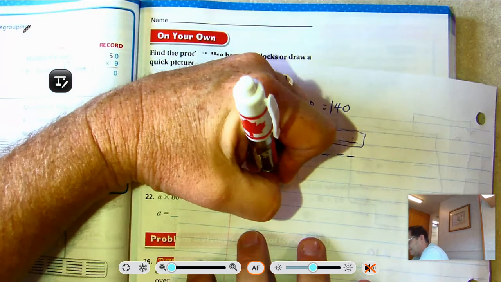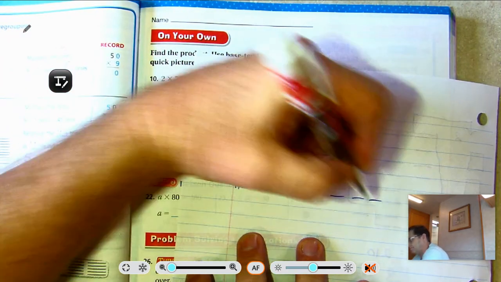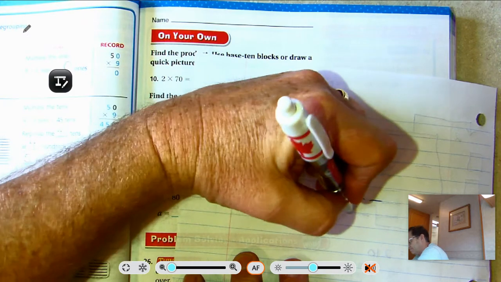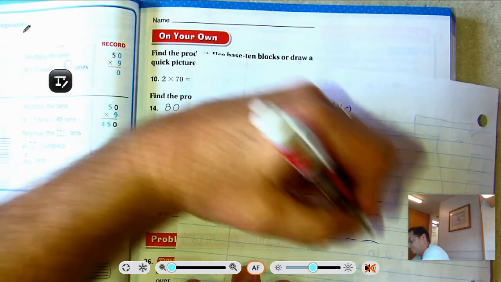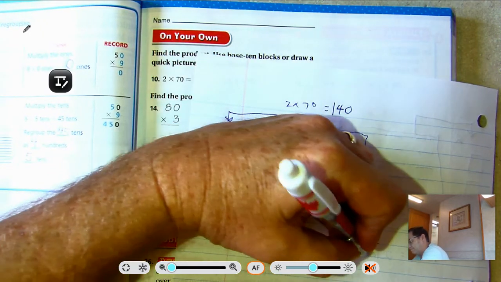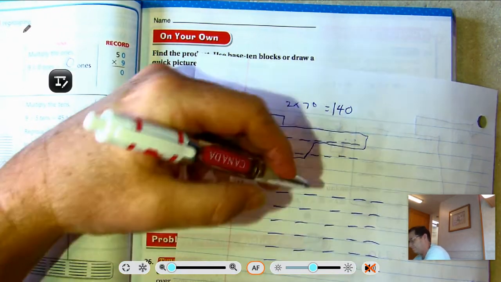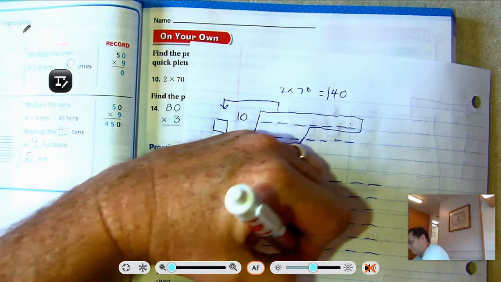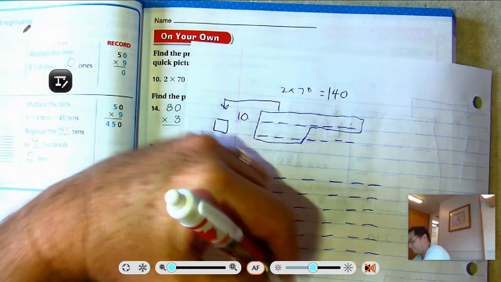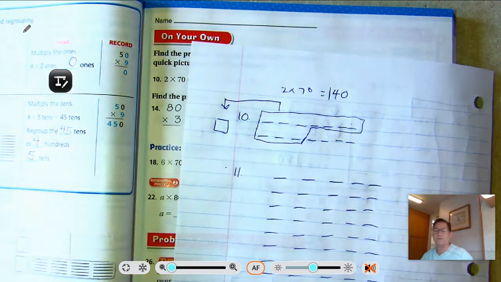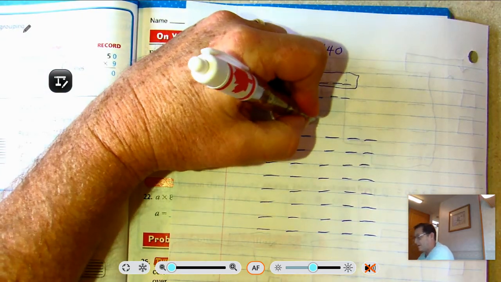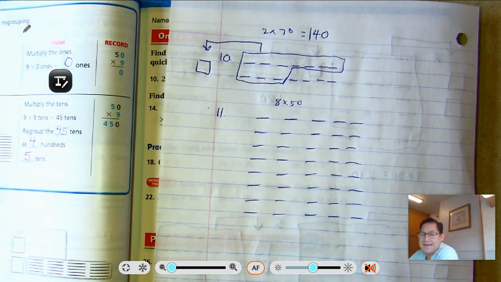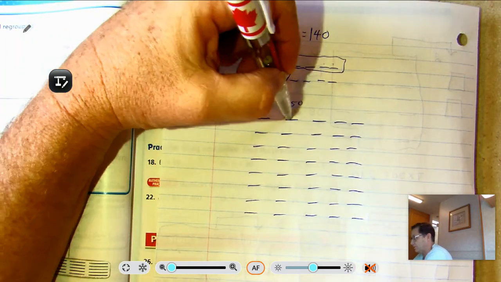Okay, number 11, 8 times 50. So we have 8 sets of 5 tens. All right, so there's 8 sets of 5 tens, 8 times 50. Okay, and we're going to circle groups of tens. 1, 2, 3, 4, 5.